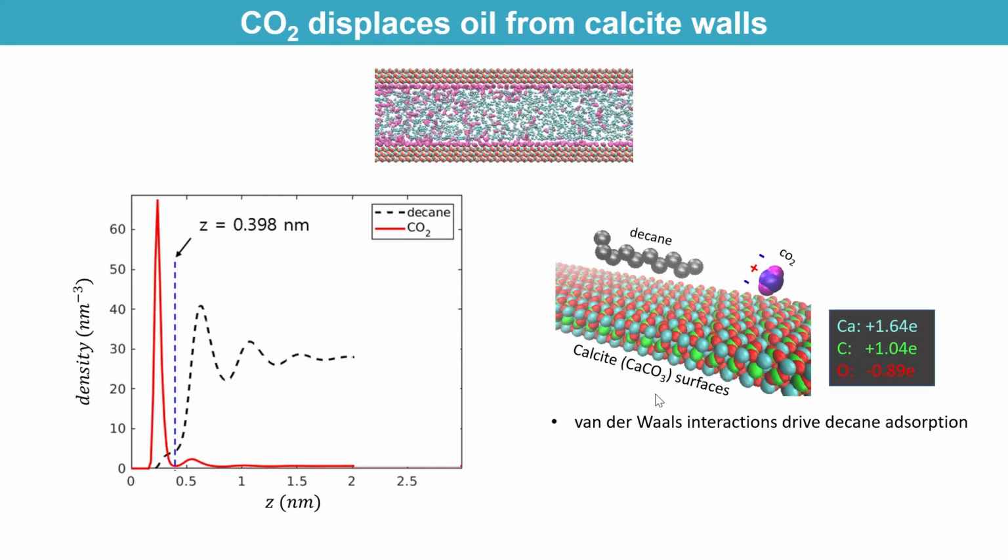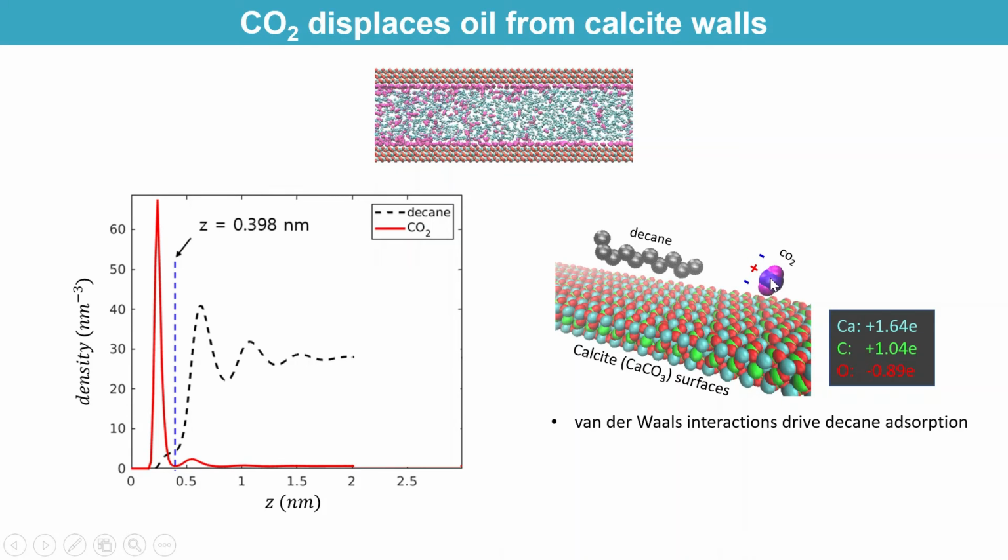CO2 is also a polar molecule. However, because of the different electronegativity between carbon and oxygen, the carbon is positively charged and the oxygen atoms are negatively charged. So when a carbon dioxide molecule approaches a calcite surface, it will systematically try to find the calcium atom, with which it can interact very strongly through the oxygen atom.